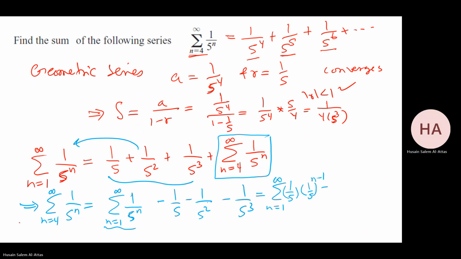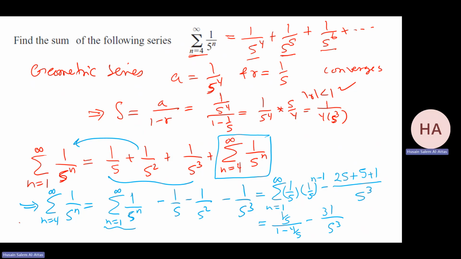And this is 5 cubed. If this is 5 cubed, I have 25 plus, I took minus as a common factor, plus 5 plus 1. And that will be A is 1 over 5 over 1 minus 4 over 5, minus 31 over 5 cubed.